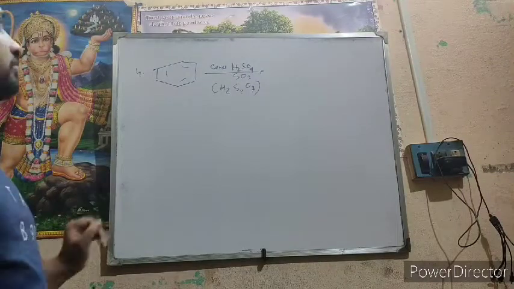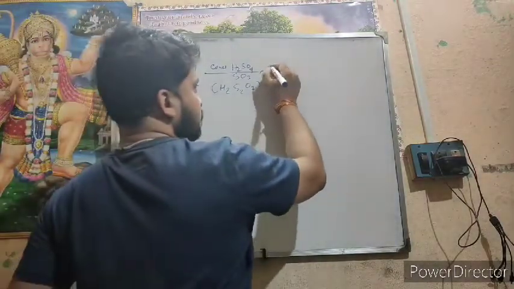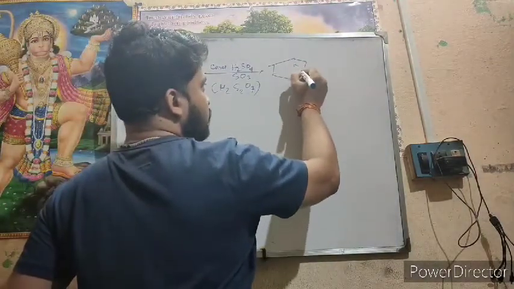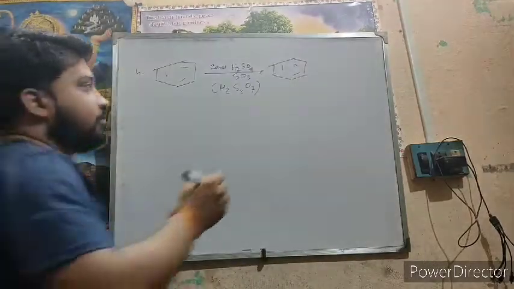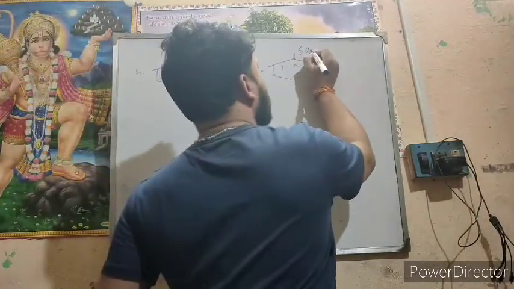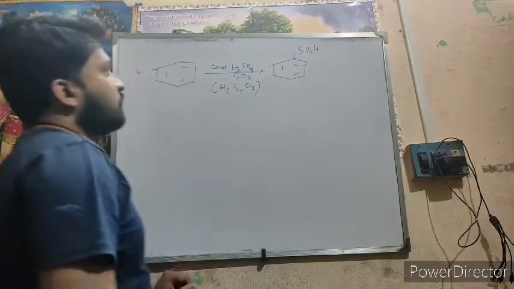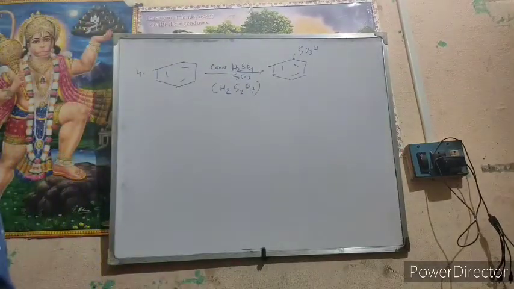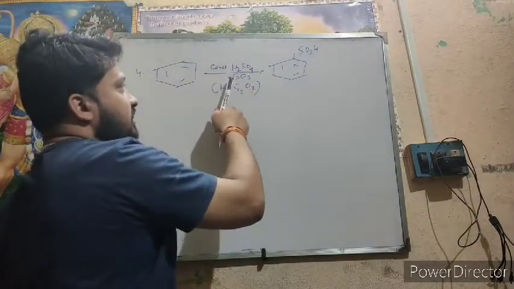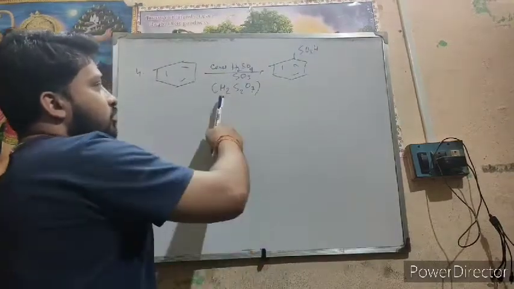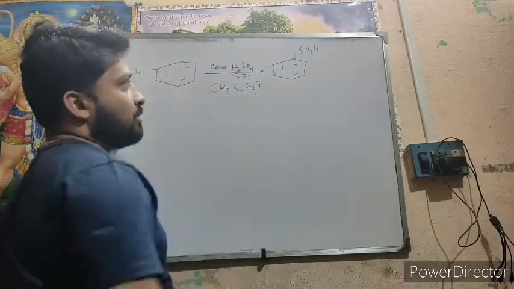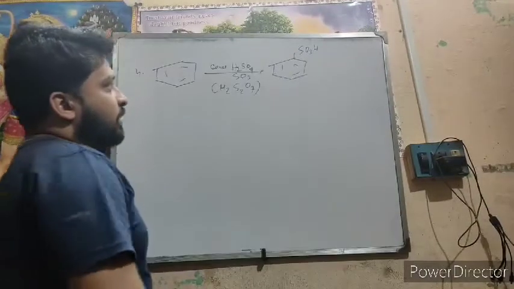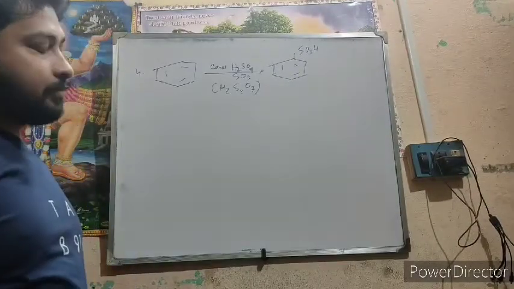When you use it, you get SO3H. Benzene reacts with concentrated H2SO4 and SO3, you get H2S2O7, then you get benzene sulfonic acid.